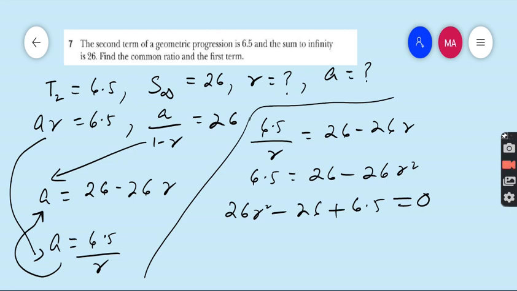Now we have to solve this quadratic equation. Because this is in terms of decimals, I suggest you use the quadratic formula. I am writing the answer directly.